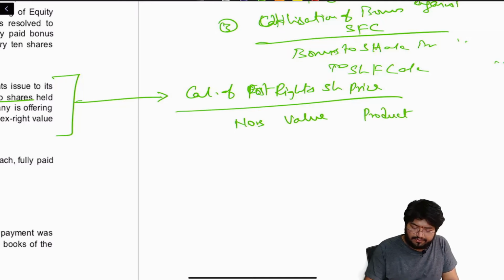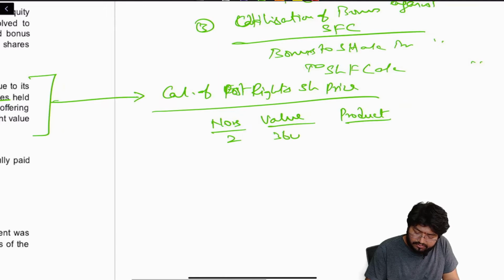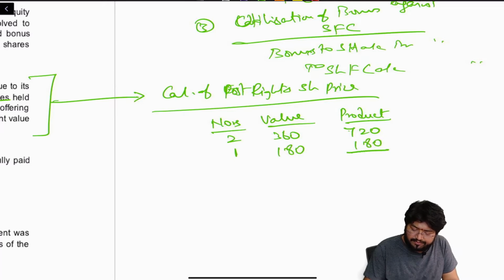Right now, for every 2 shares, the value is right now how much? 360 rupees. Yes or no? That means what is the product of these two? 720. Yeah. And for these shares, 1 share is going to be given for 180 rupees, which is 180 rupees.